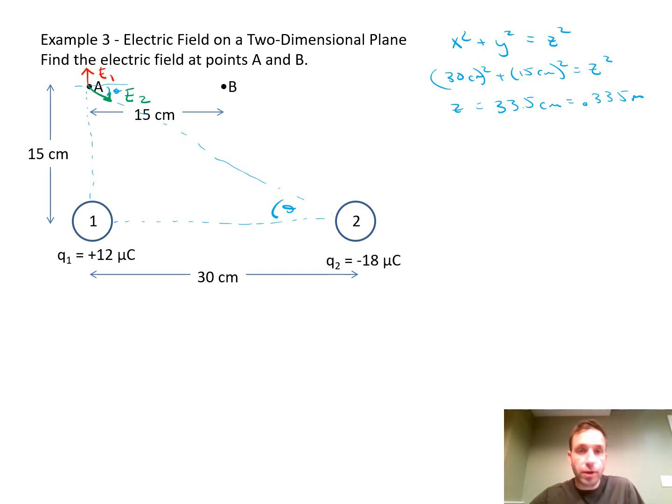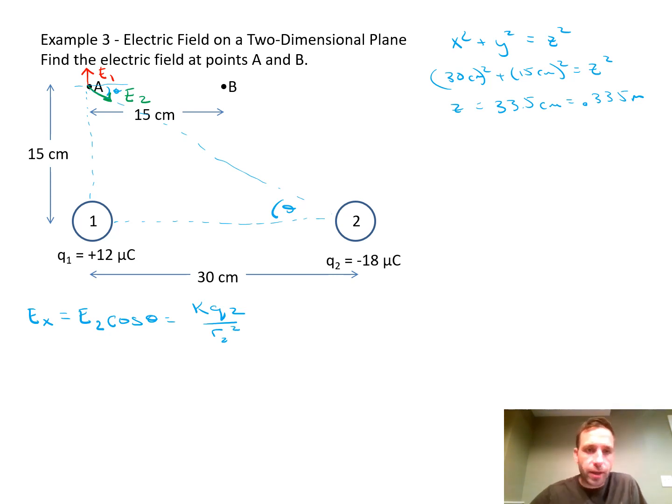So now let's first try and find the x component of the electric field. So the x component of the electric field at point A, E1 won't contribute to that, but E2 does contribute to it, so we want to take E2 times the cosine of theta. That would be K Q2 over the distance between charge 2 and point A squared.